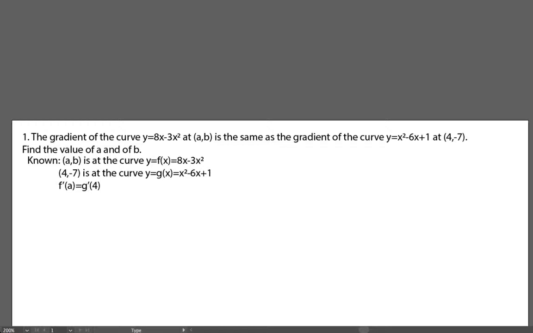And so we can start solving this entire problem.